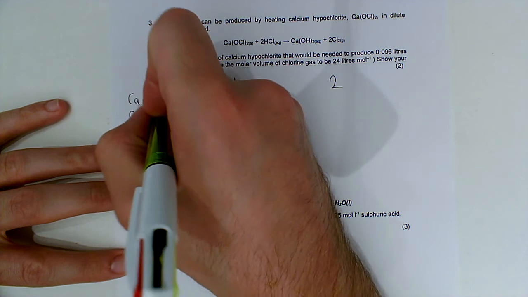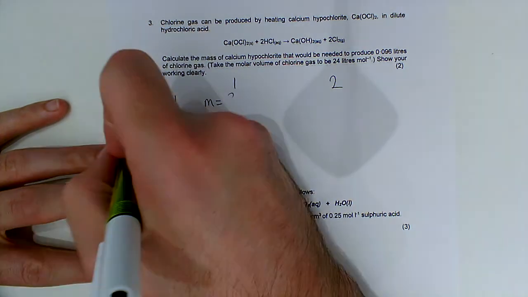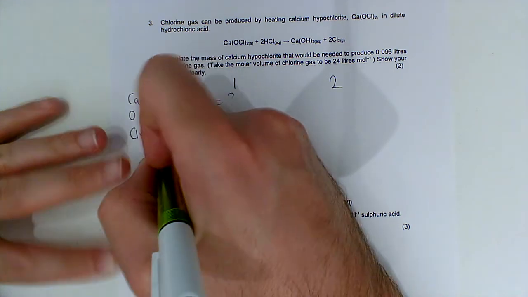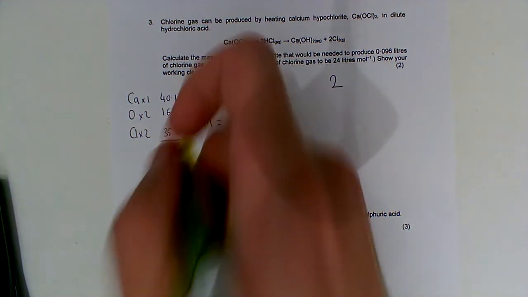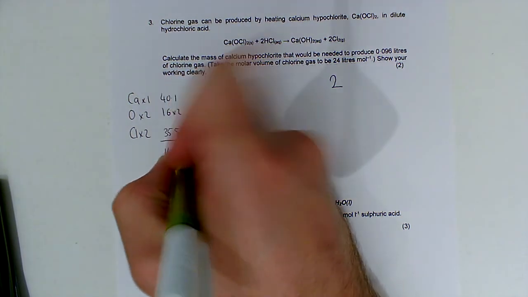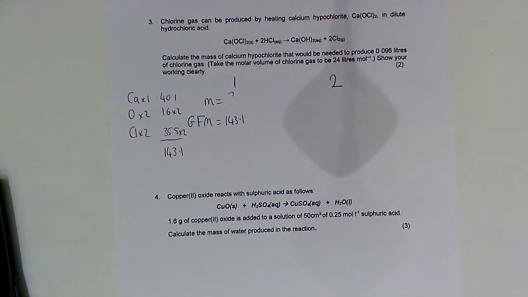Calcium is 40.1, oxygen is 16 times 2, and chlorine is 35.5. So when I do that on my calculator, 40.1 plus 16 times 2 plus 35.5 times 2, that gives me 143.1. Okay, that's all the information I know about that.